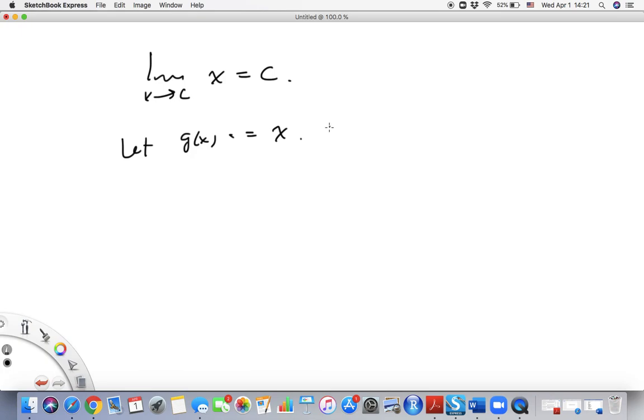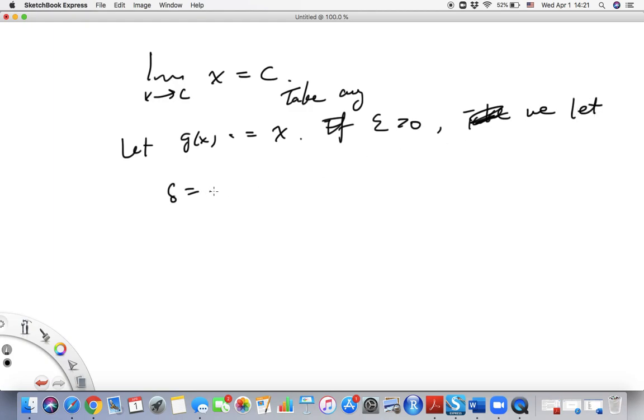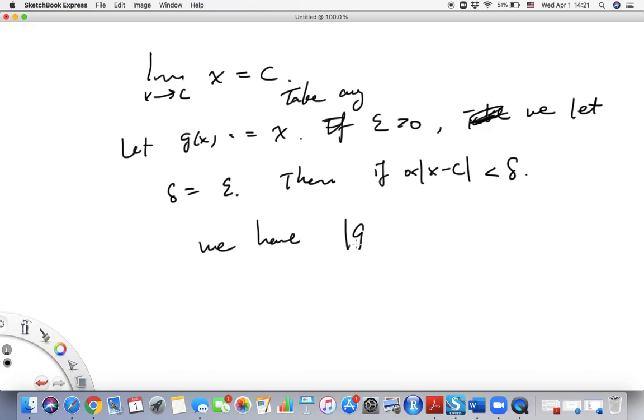Okay, so take any epsilon greater than 0. We let delta equal epsilon. Then if 0 is less than absolute value of x minus c, which is less than delta, we have absolute value of g of x minus c is equal to absolute value of x minus c, right?